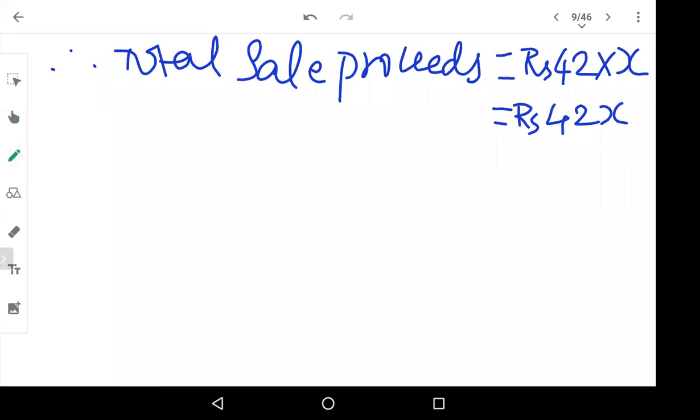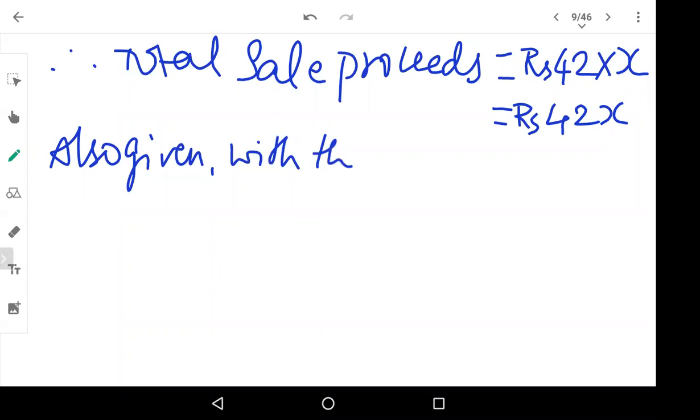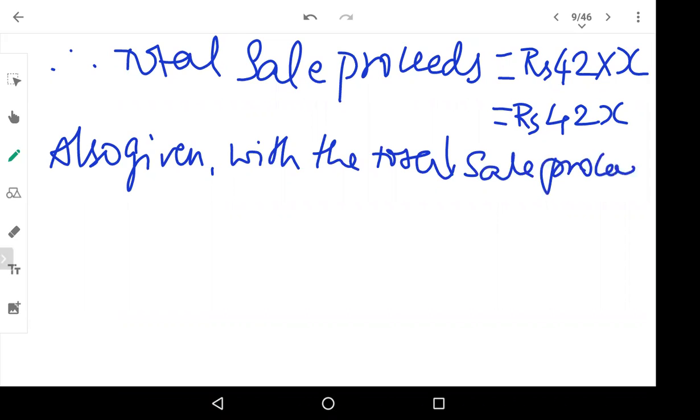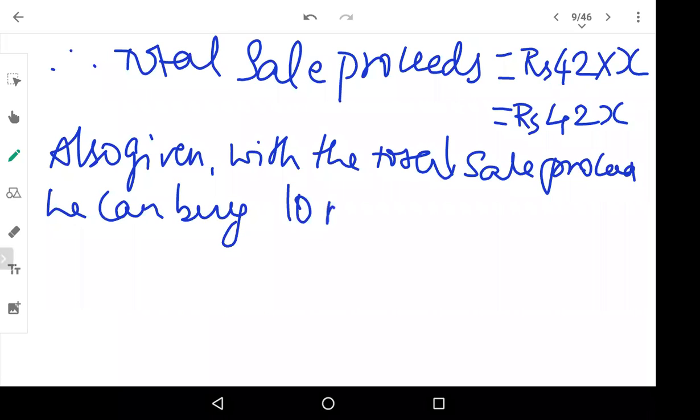Correct? So also given, with the total sale proceeds, he can buy 10 more balls than before.